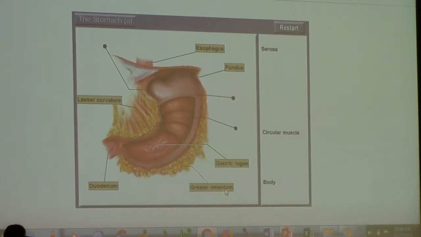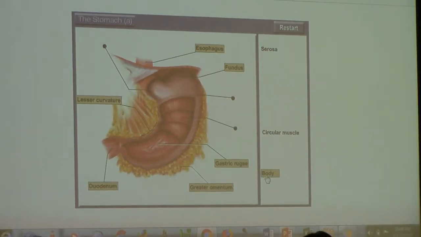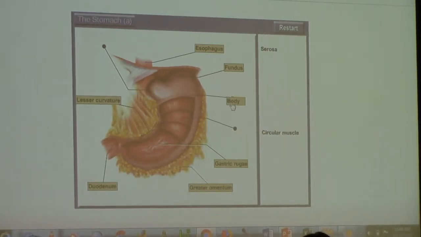Okay, so now we're getting down to some other names. Is this the bottom? Yeah. Is this the one you were pointing to? Yeah, that's the body.